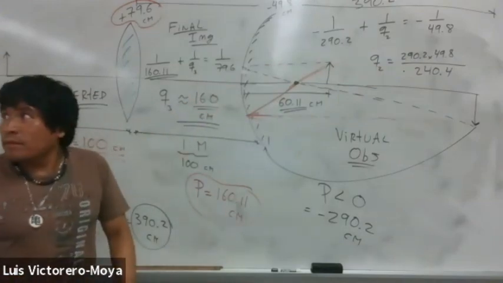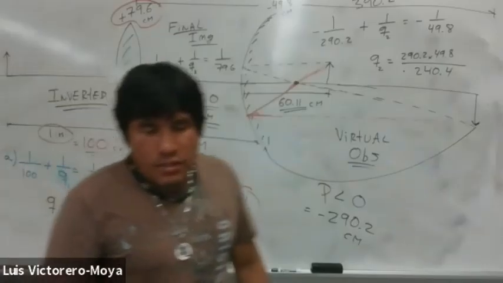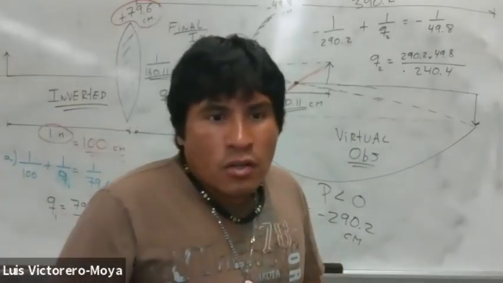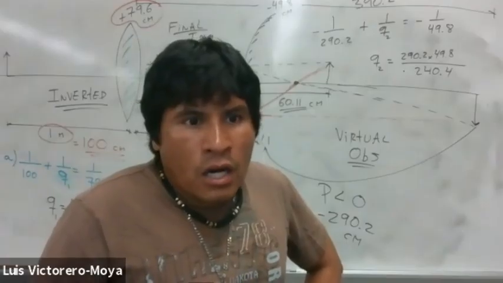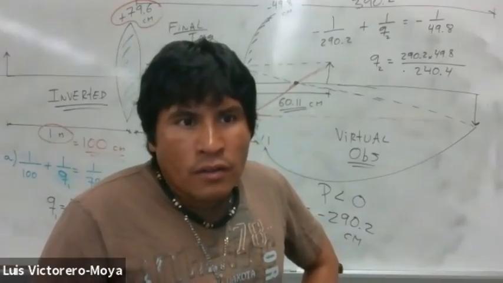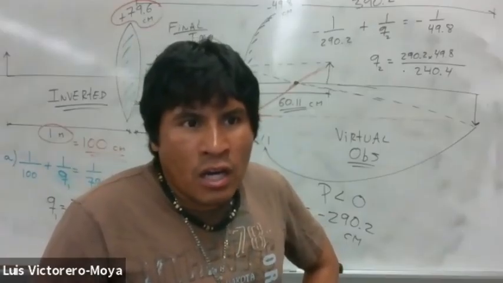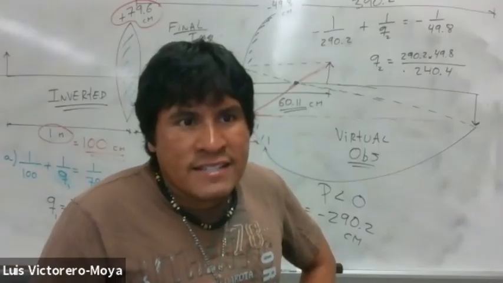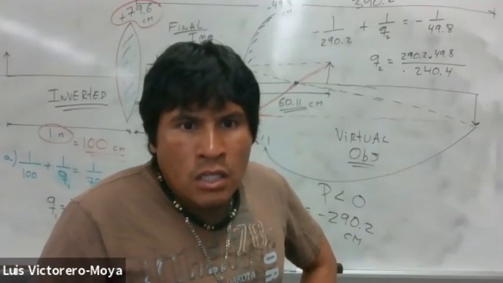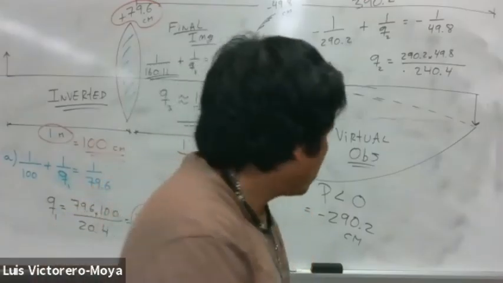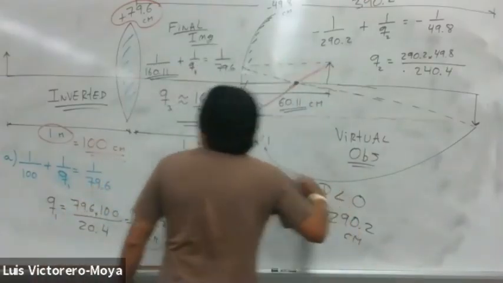All right, so let's do a revision for some types of problems you might get tomorrow. There were some questions about this one as well, so I want to stay with assignment 14, lenses and mirrors. Let's start with the first question.